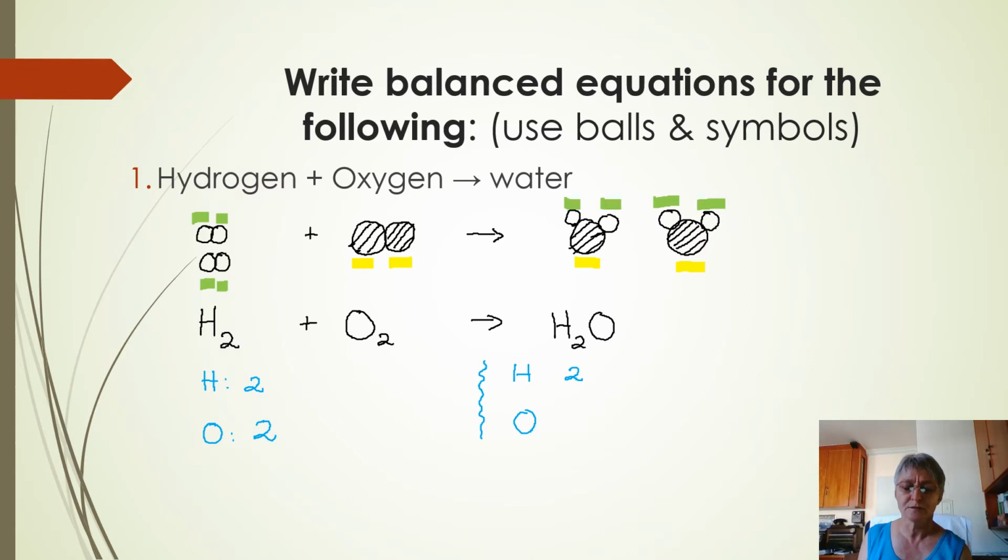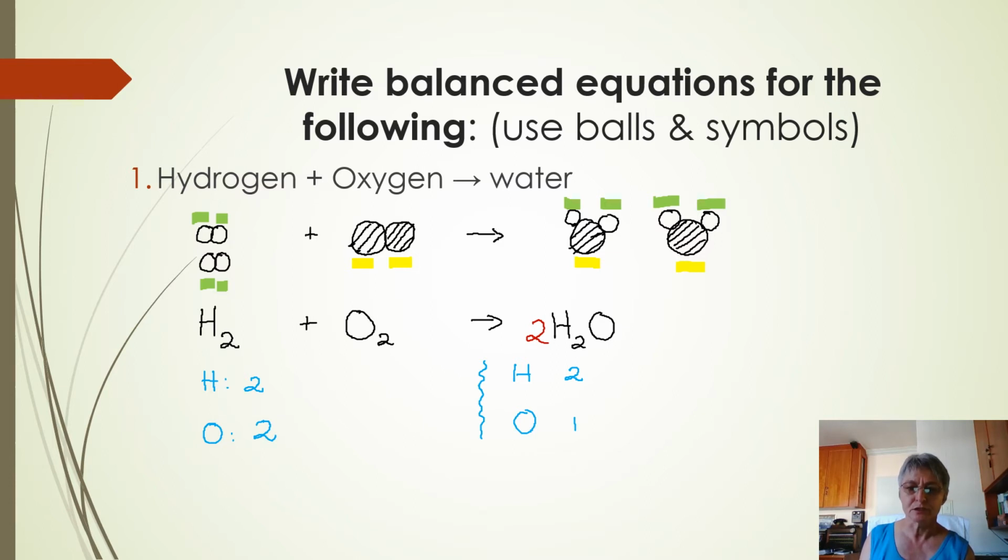So 2 atoms of hydrogen as it is, and 1 atom of oxygen. Now, the one atom of oxygen needs to change to 2 atoms in order to have the equation balanced. To balance it, I need to make 2 atoms of oxygen, so we need to multiply the water molecule by 2.